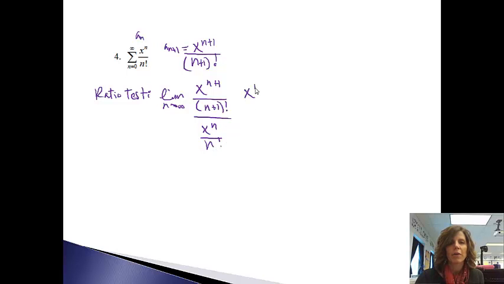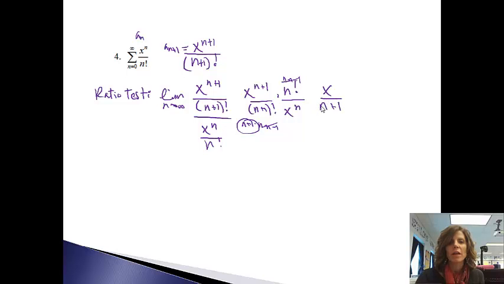And now I get to multiply by the reciprocal of that, so multiply by n factorial over x to the n. When I do this, I'll get x in the numerator, and down below, if we rewrote this out, this would be n plus 1 times n times n minus 1, and so on, so everything's going to cancel out except for the n plus 1.